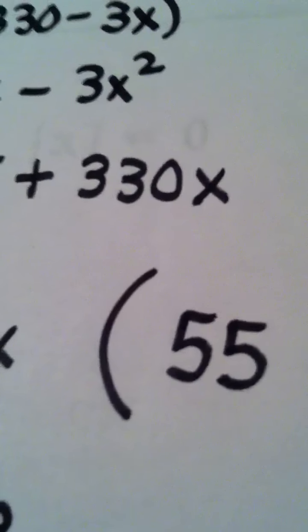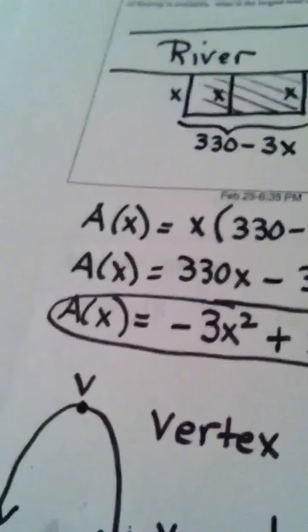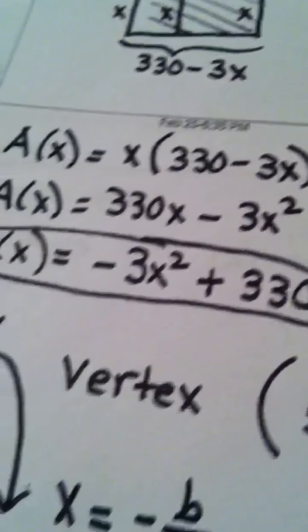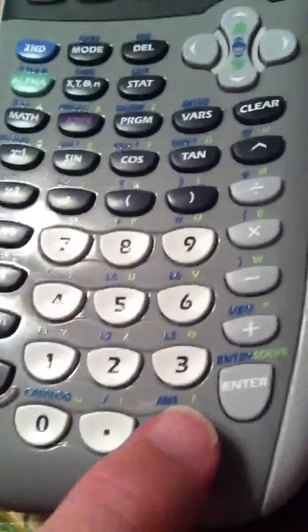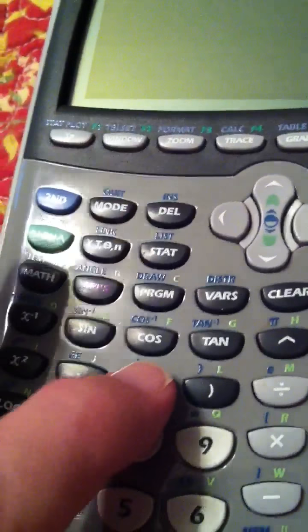So x is 55. But that's not what we were looking for. We were looking for the maximum area. So what we have to do with that number 55 is plug it into this function. Okay? So what we have to do is put 55 in here. So I'm going to go to my calculator and type in the opposite of 3, and then in parens 55 caret 2, which squares it, right?